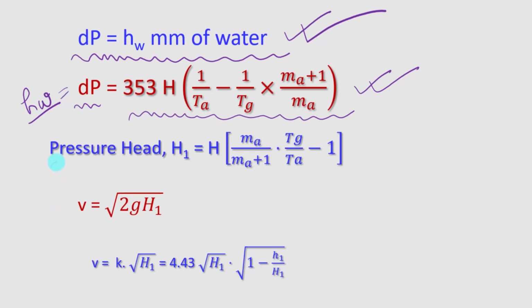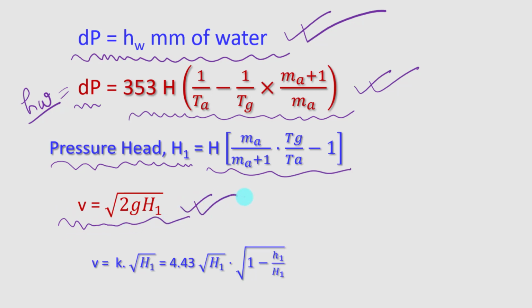And we have also got a relation for the pressure head or equivalent height of hot combustion gases H1 in terms of height of the chimney, and temperature of the hot gas and atmospheric air. And V is equal to this much.